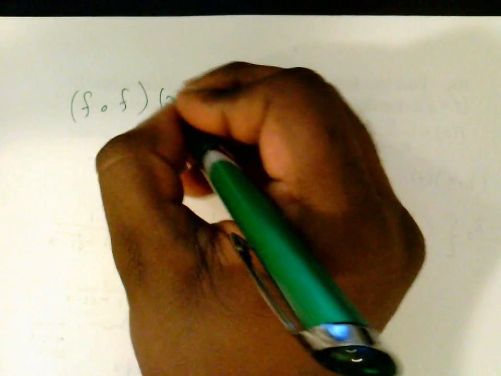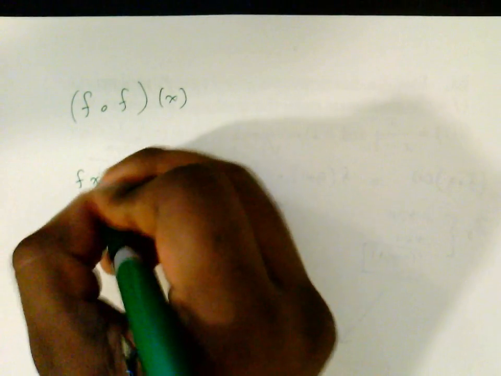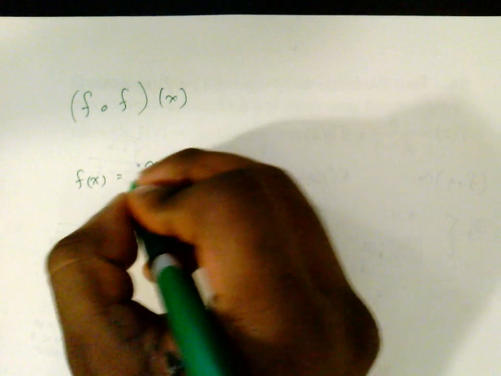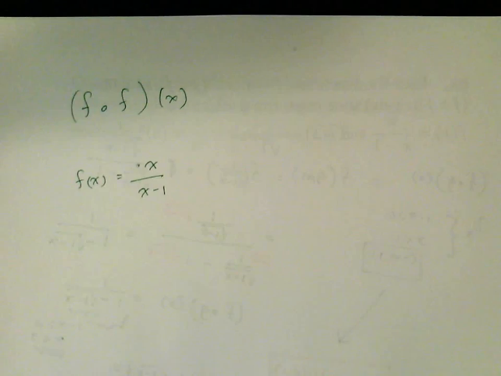Okay, so let's do the last one, the domain of f of f. So I don't have enough space there, so f of f of x. So f is x over x minus 1.